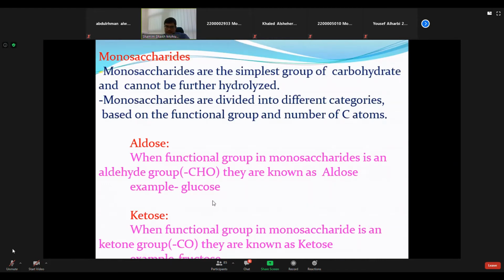Example here, glucose. When the functional group in that monosaccharide is a ketone group, CO, then it is known as a ketose. So aldose and ketose are all examples of monosaccharide. Glucose is an aldose. Fructose is a ketose. Am I clear?